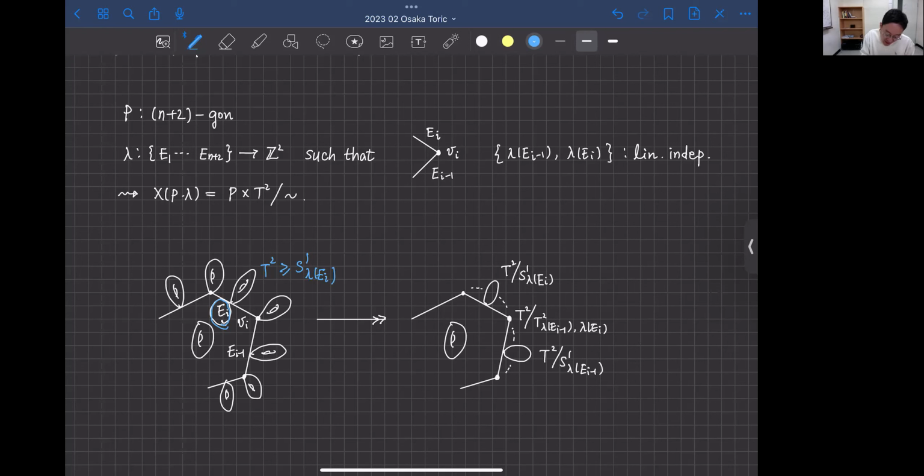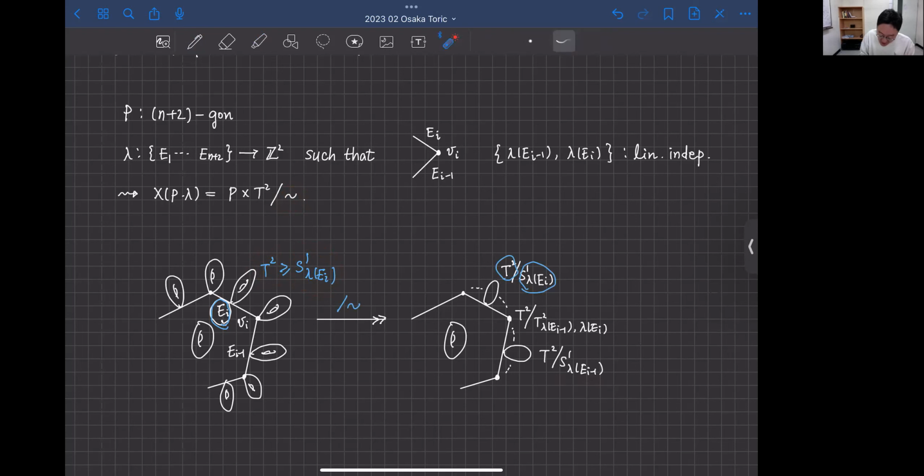My equivalence relation here is collapsing this circle subgroup from this two-dimensional torus. So eventually, taking the quotient, this surjective map is like collapsing the circle subgroup out of the two-dimensional torus. And then similarly, we do the same process for the other tori.